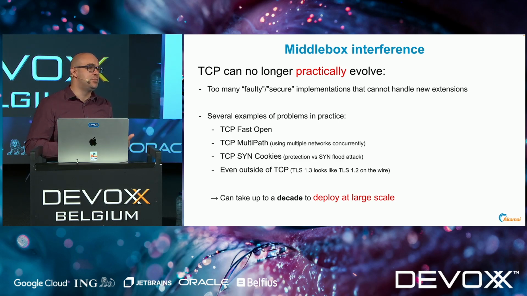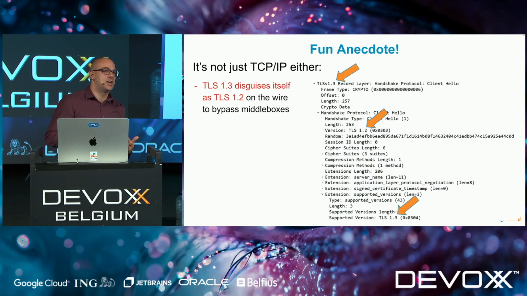And it's not just TCP either. TLS actually had this problem as well. So TLS 1.2 was for a very long time the final version, or the most recent version. When they tried to start deploying TLS 1.3 on the wider internet, a lot of security appliances just dropped it, right? Because they didn't know about the new version.